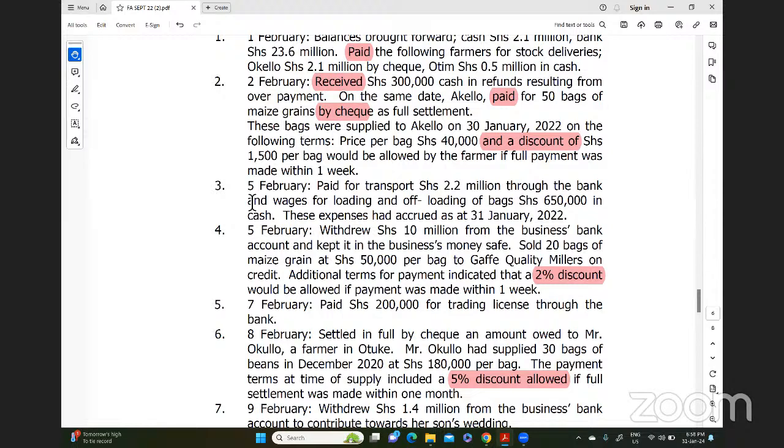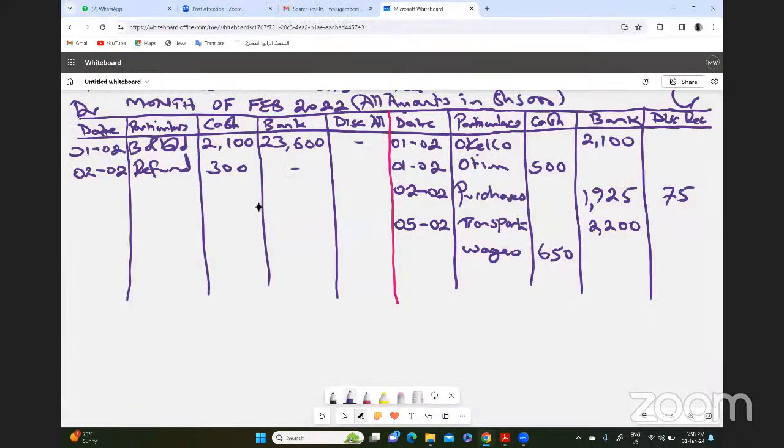Withdraw is like you are removing it, that is the right-hand side. Are we together? And then we are receiving through cash. We are removing money from the bank.